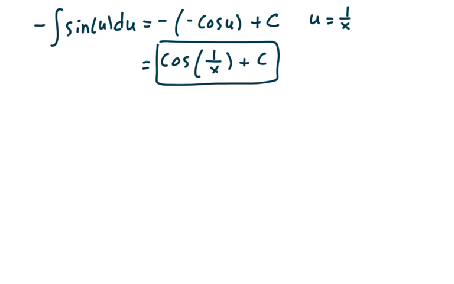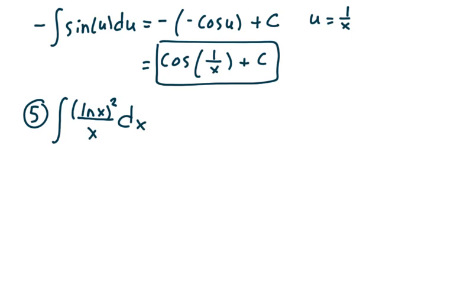With that, we're going to take a look at problem number 5. On problem number 5, we have the integral of natural log of x raised to the second divided by x dx.